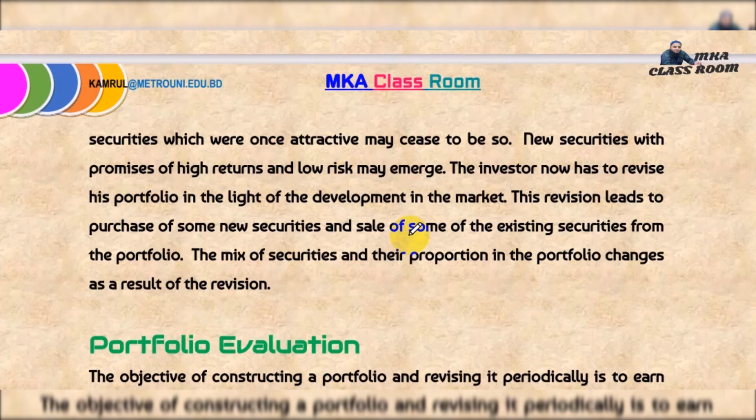That means every day there is a possibility of the result changing. We think these securities are good, but tomorrow we may see new securities come into the market, and they are very nice. So new securities with promise of high returns and low risks may emerge.